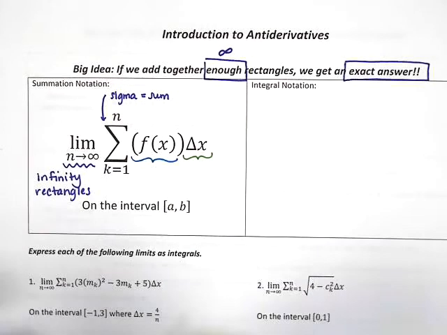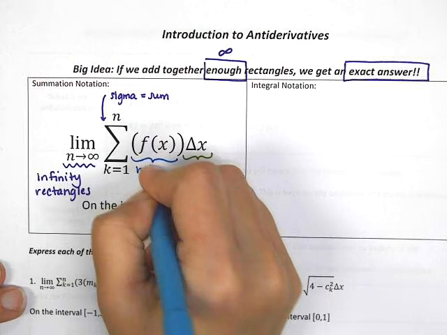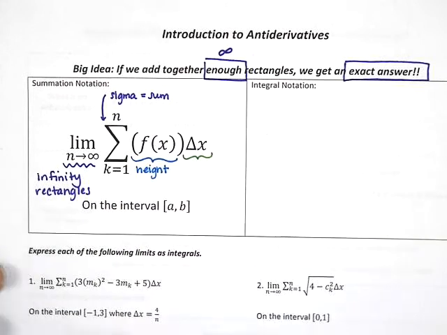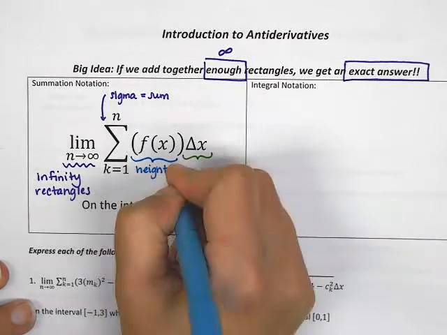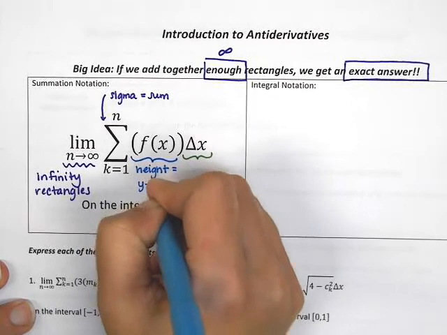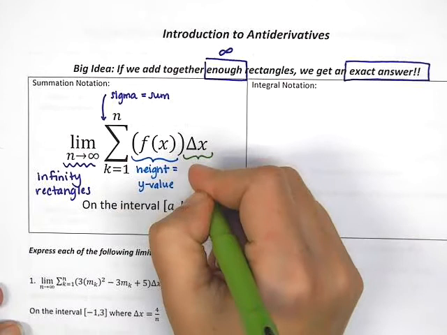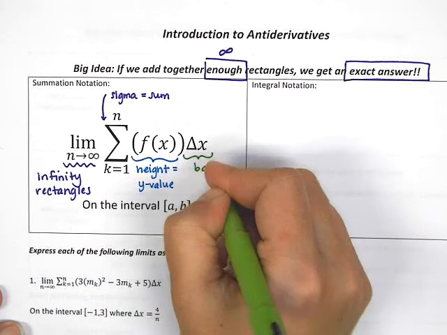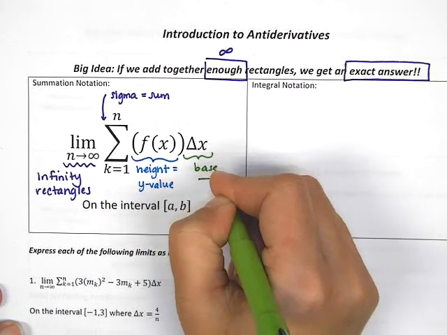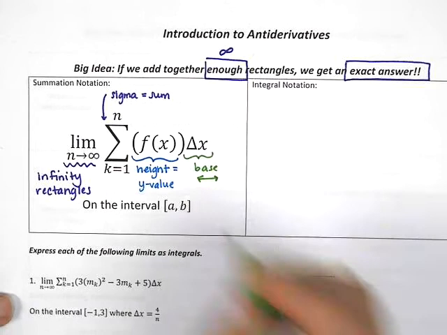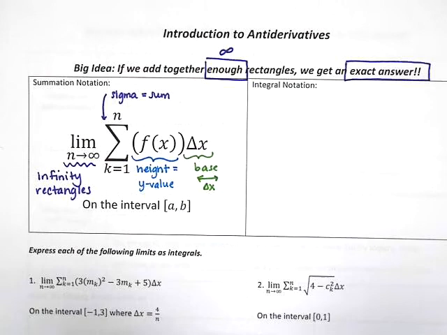In this problem, the height of the rectangle is represented by f of x because f of x is the y value. And so that's going to be the height of our rectangle. And delta x is going to be the base of our rectangle. It's the change in x, or the width of the rectangle that we're using.